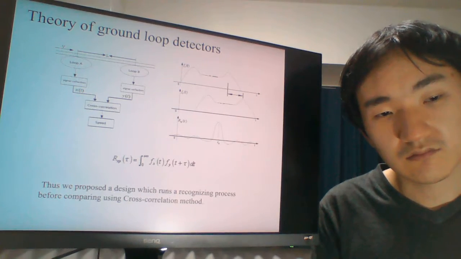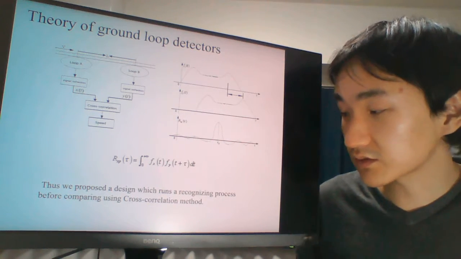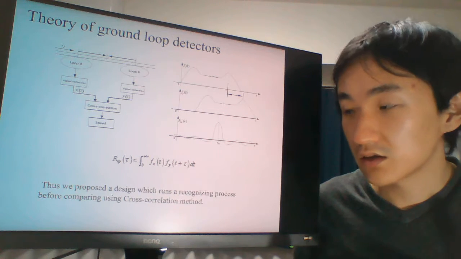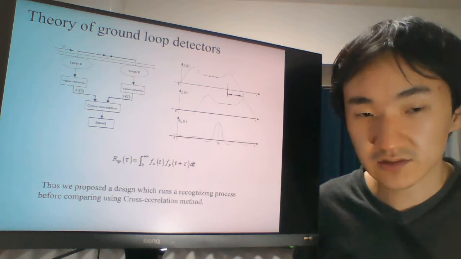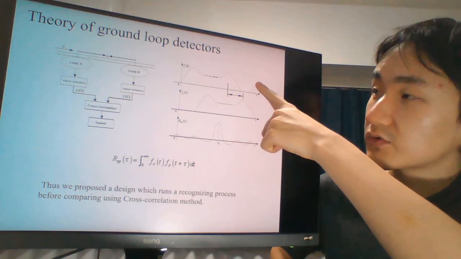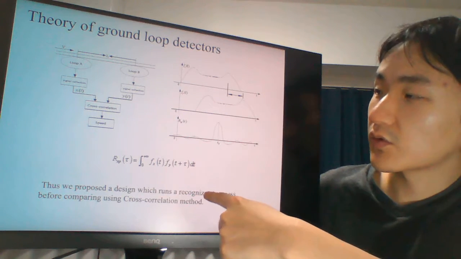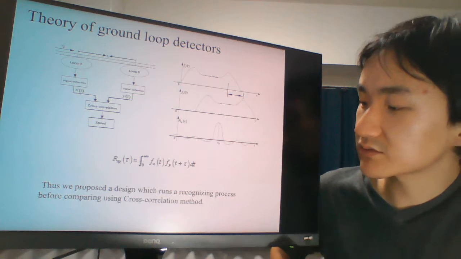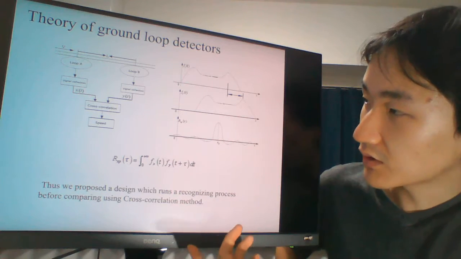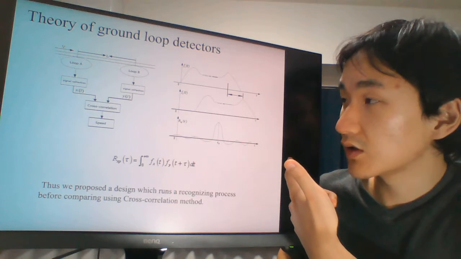Then we proposed a design which runs a recognizing process before comparing, using the cross-correlation method. Here's the signal from loop A and here's loop B. Using this equation, which is the cross-correlation method, we can compute the similarity of the two signals.